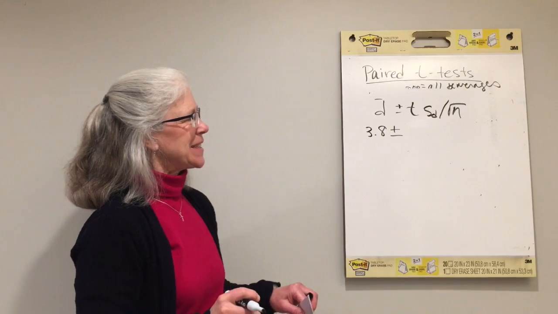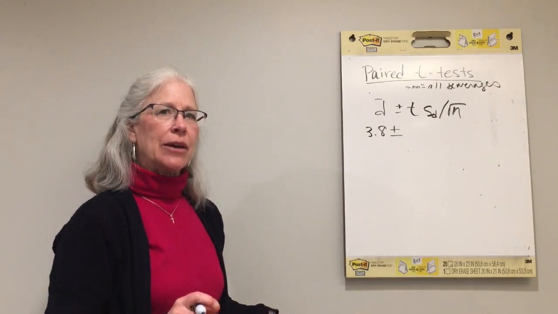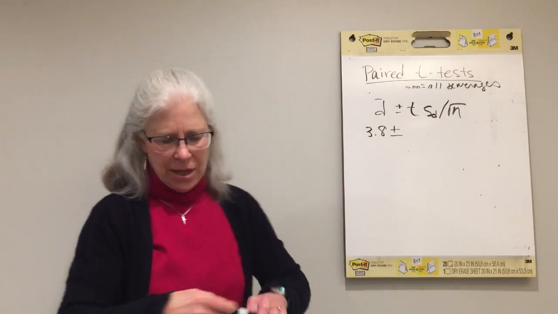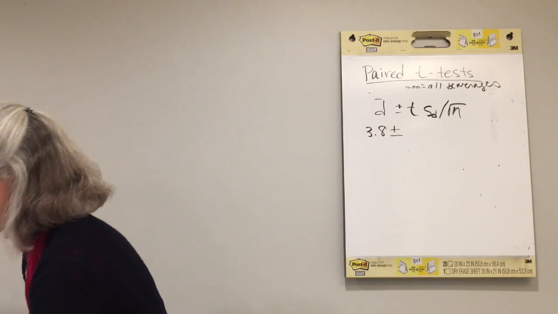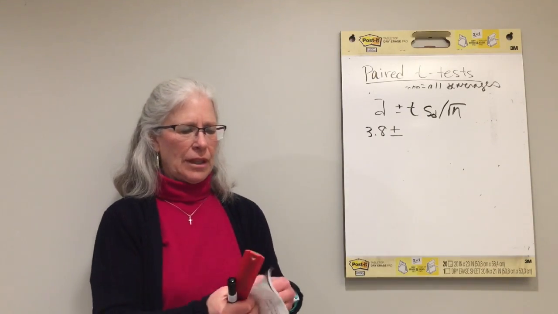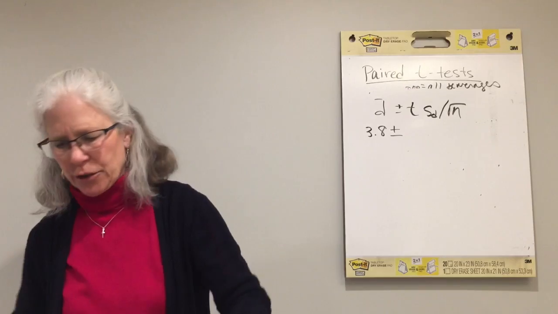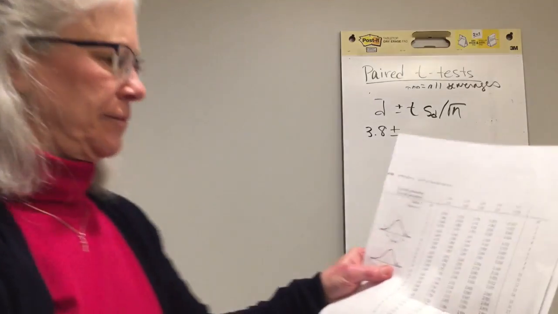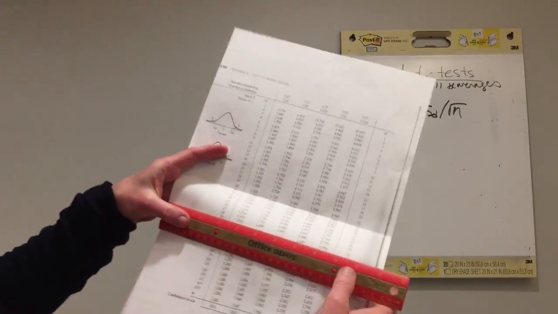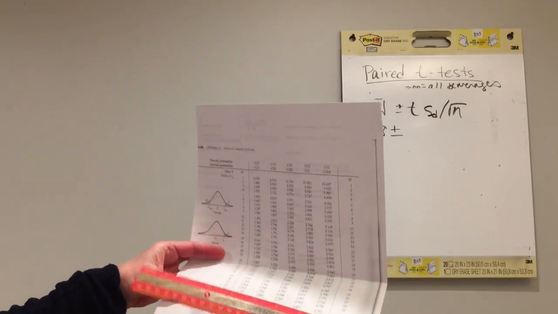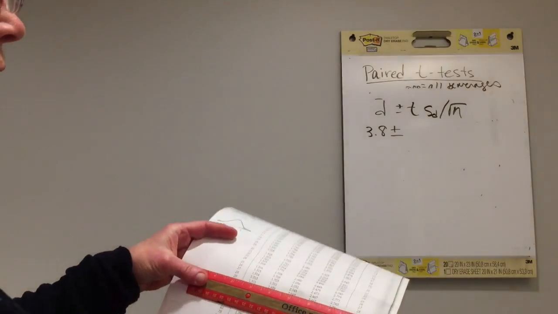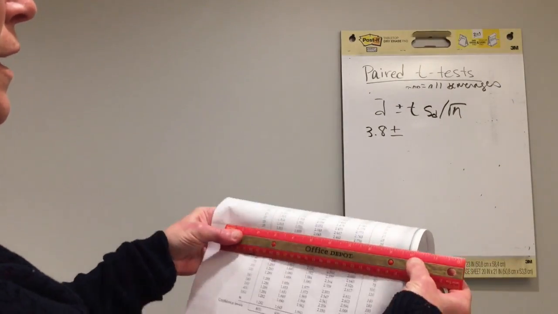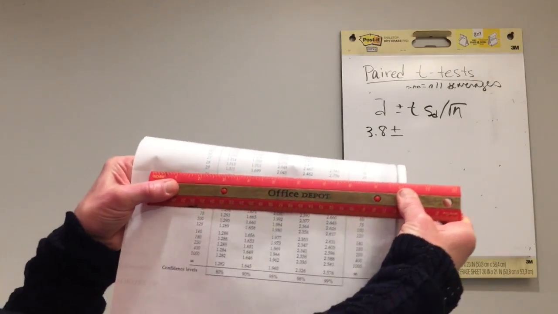Now we need a t-statistic. We're not going to use that 6.9. That would have the wrong level of confidence. So we're going to go back to table T, look up 29 degrees of freedom, because we had a sample size of 30. And then it depends on our level of confidence.